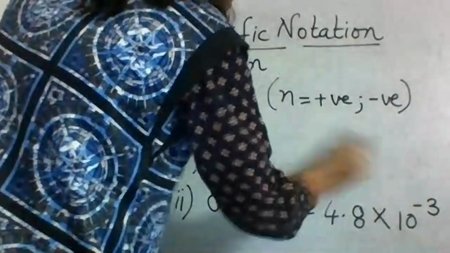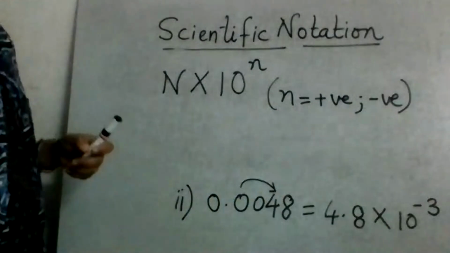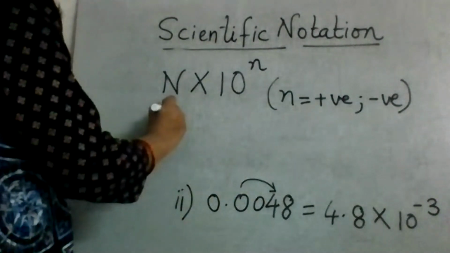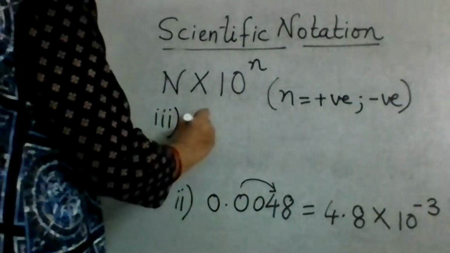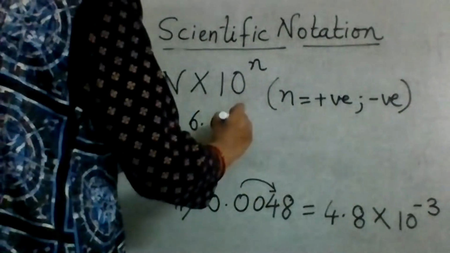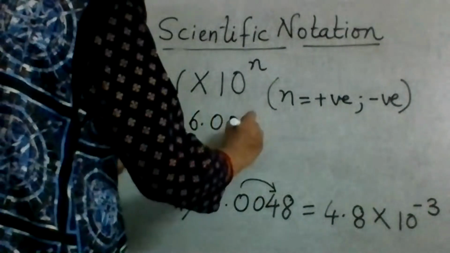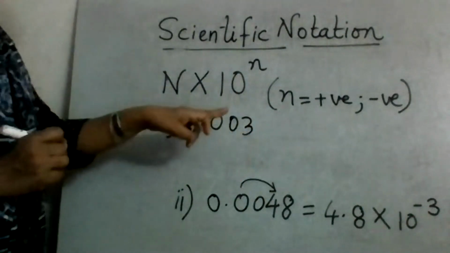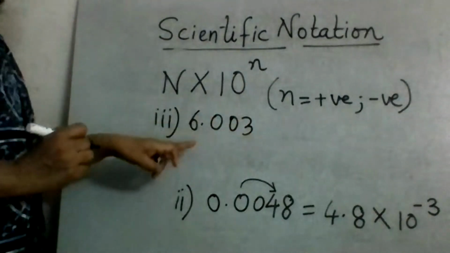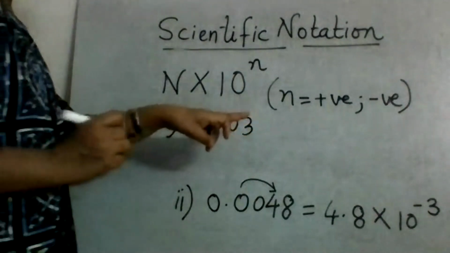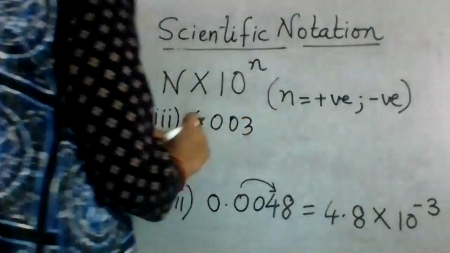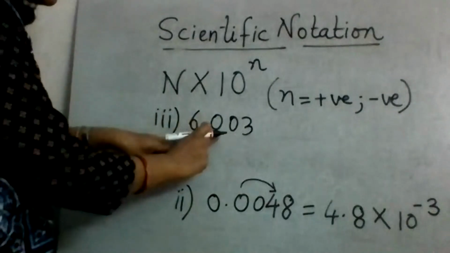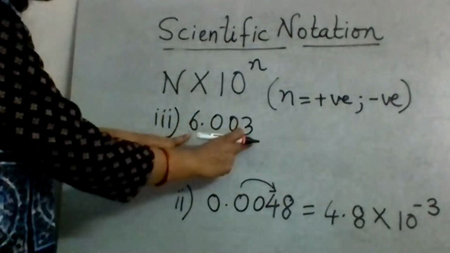And that example is, suppose I ask you to express, the third example, 6.003. Suppose I give you this number and I ask you to express this in scientific notation method. To express this number in scientific notation, since already the value of N is there here, so it is 6.003, right?